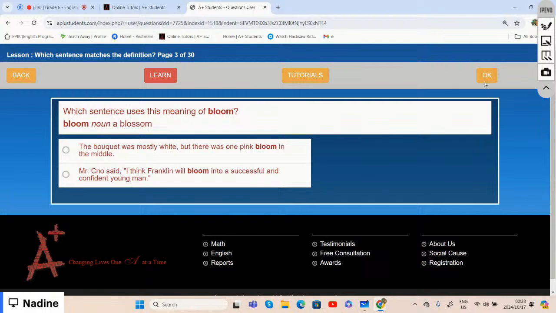All right. And if we were to select the correct option, bloom, is it option one or option two? Bloom, which is to blossom.